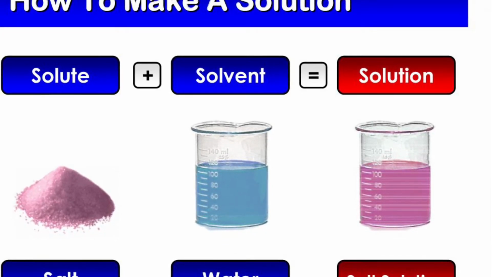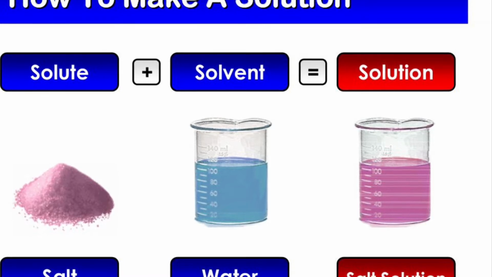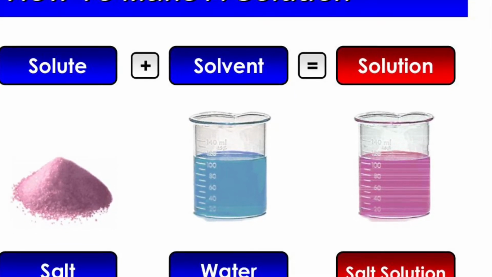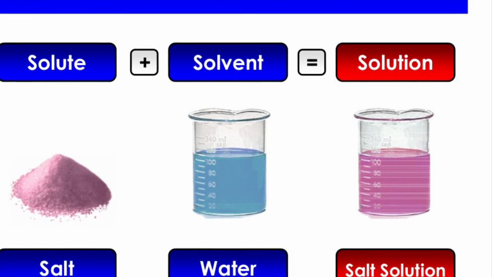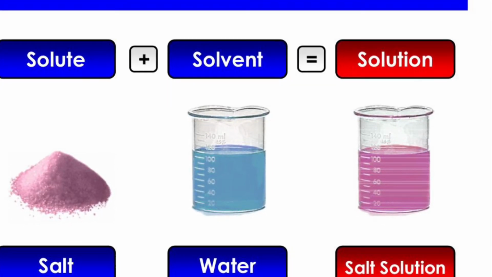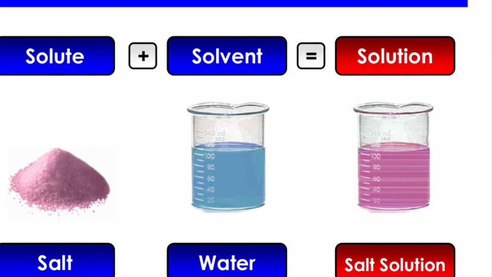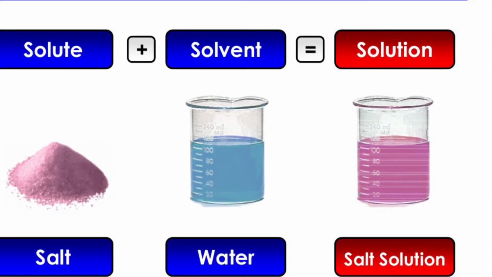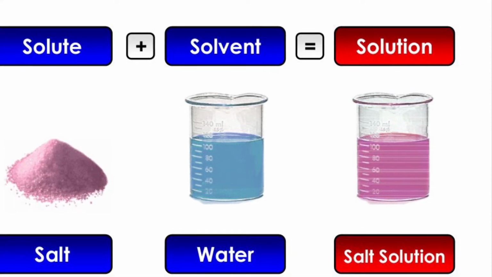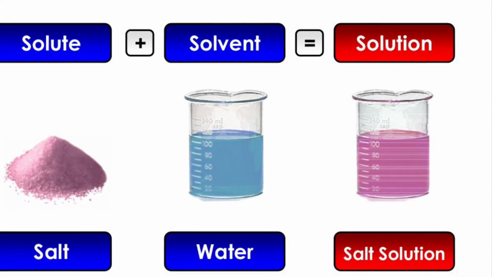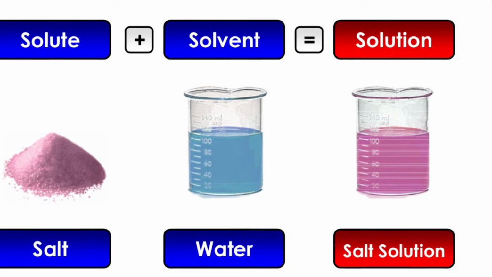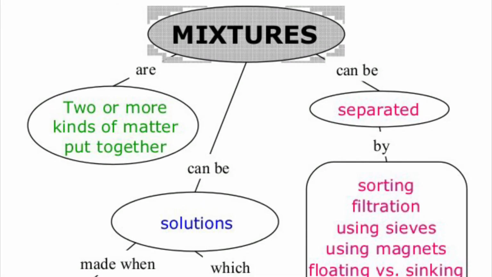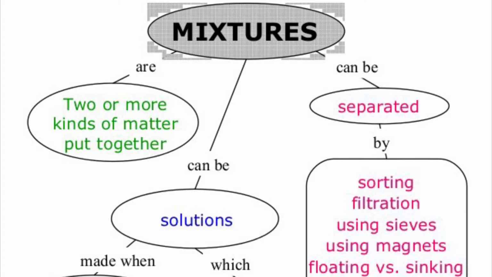If you need to separate really tiny particles from a liquid, then you need a material with even tinier holes, like filter paper. Another way of separating mixtures is to let the less dense ingredients float to the top. For example, cream floats to the top of milk, where you can skim it off.